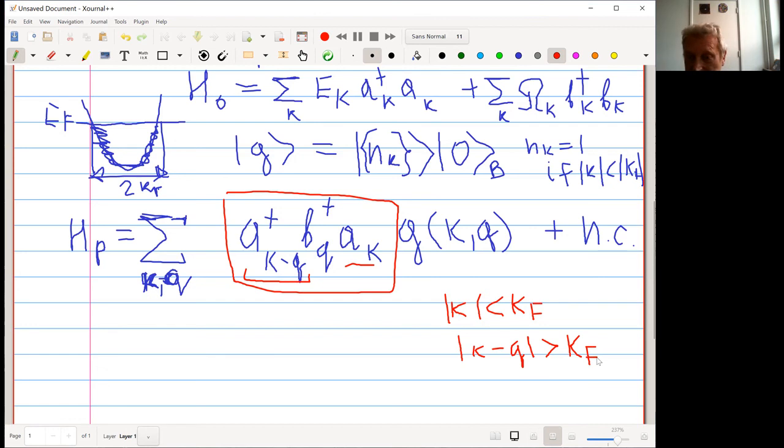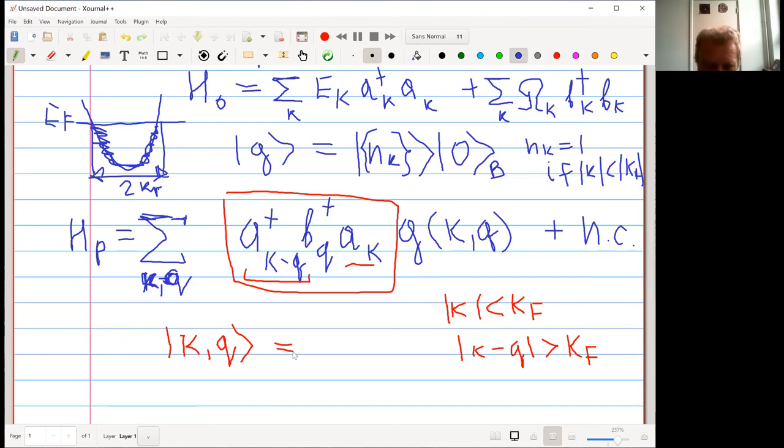There must be empty space for this state. So, as a matter of fact, we have a state which can be parameterized with two K vectors, for instance, K and Q.